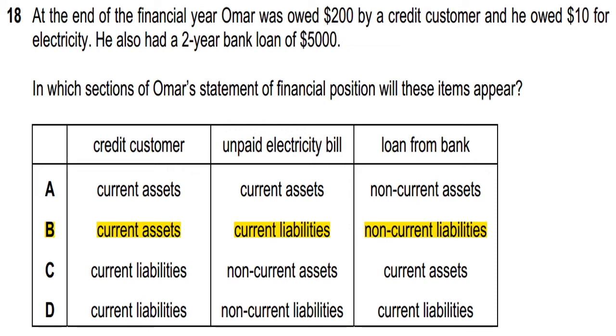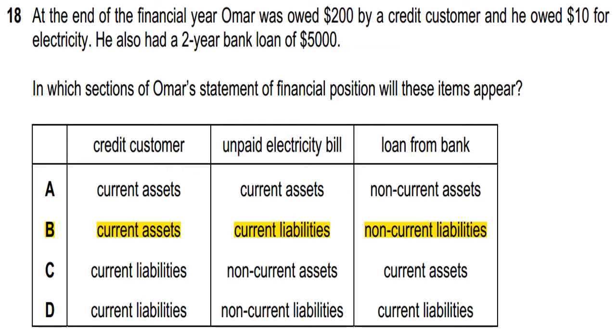B option will be correct because his credit customer is his current asset and unpaid electricity is current liability because this is accrued liability. Accrued expenses is current liability, and loan from bank is non-current liabilities because this loan is more than 1 year, and more than 1 year is non-current liability.